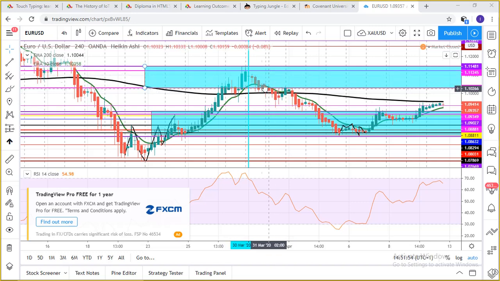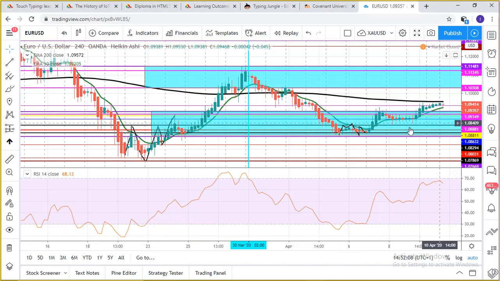There was a pullback to this base, and I think we cashed out at about 194 pips, and we now rejoin at this level. And this is where we are now.